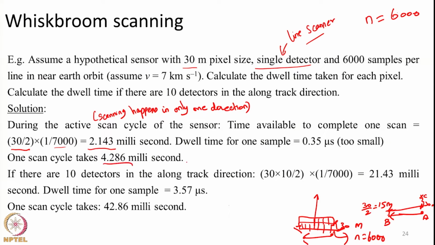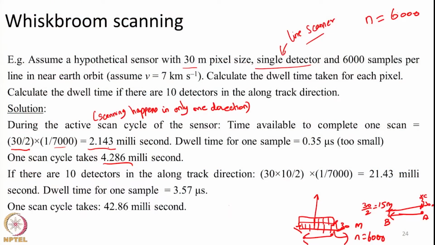So what I am telling here is, before the satellite moves a distance of 30 meters, this should complete the scan, go back to its initial state and be ready for its next scan line. So the total time available for this entire cycle, one scan, go back to its starting point and be ready, is 4.286 milliseconds.